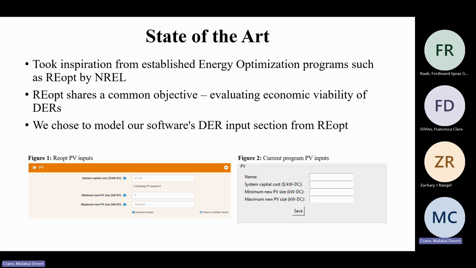We used REopt because it's an already more established energy optimization program. And we chose to model our input section similar to the way REopt did it for theirs. As you can see in Figure 1, our PV inputs are nearly identical to the PV inputs used in REopt. We also did this for the 3 other DERs that we have.